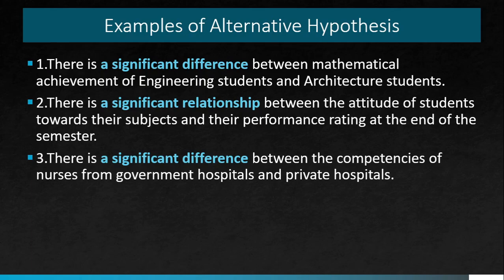Okay, so if we will be having an example of directional hypothesis, then let's use item number 3. We can state that nurses from government hospitals have more competencies than nurses coming from private hospitals, in which we can now see that nurses from government hospitals have a more positive characteristic over that of nurses coming from private hospitals.